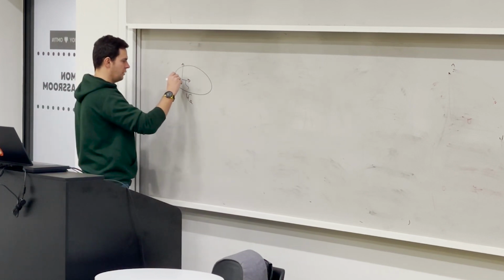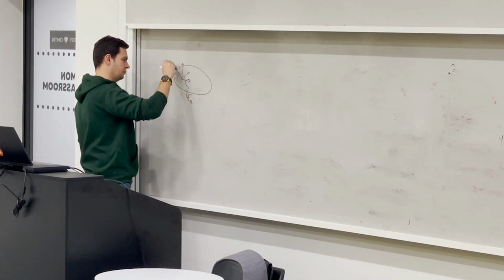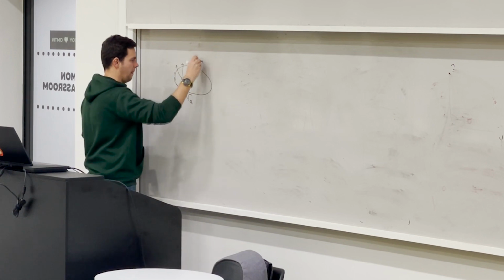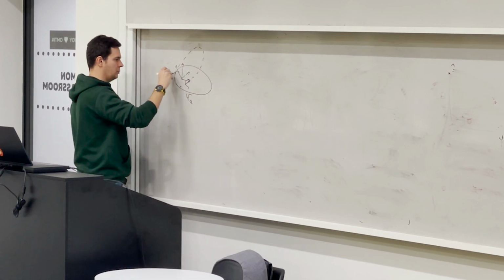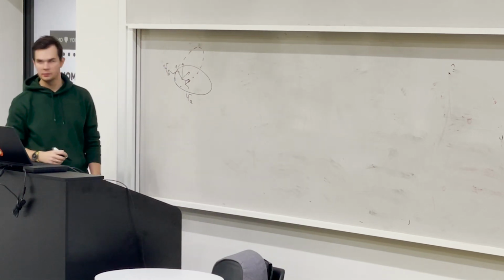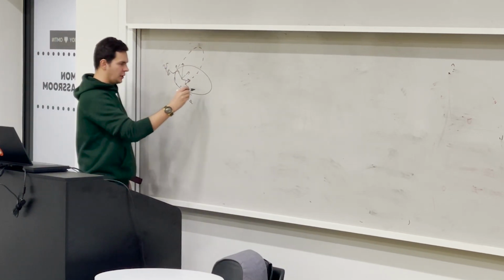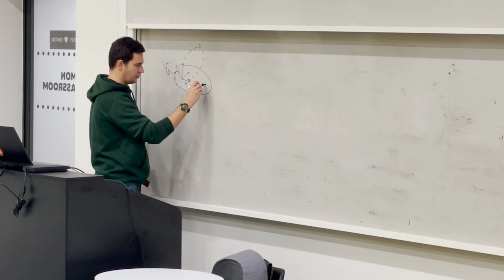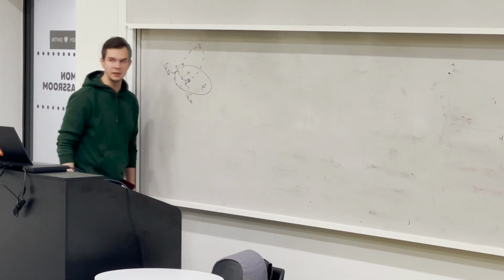We want to have something like this, and it will be another frame B. And right here we have a point P.